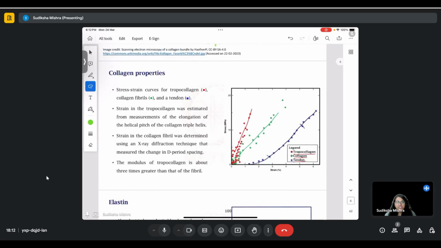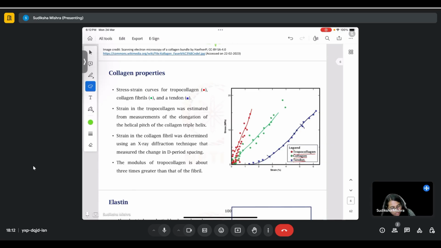If you look at the collagen properties, the stress strain curves for tropocollagen, collagen fibers, and tendon are very different. The blue dots mark the stress strain values for the tendon. The green is for collagen, and the red is for tropocollagen.